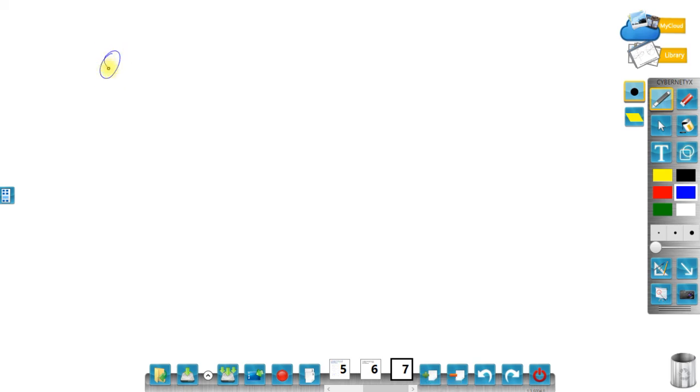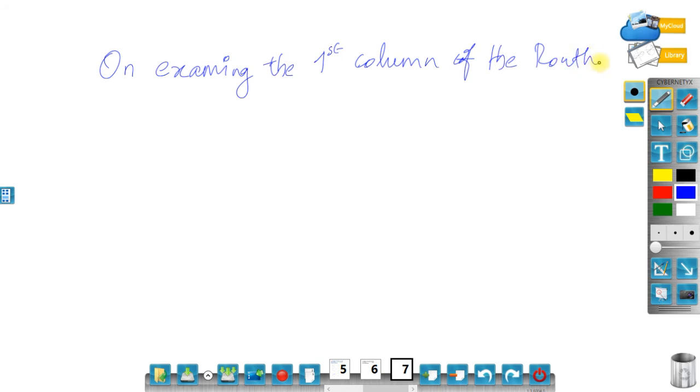Okay, so on examining the first column of the Routh array, one element is having negative value.